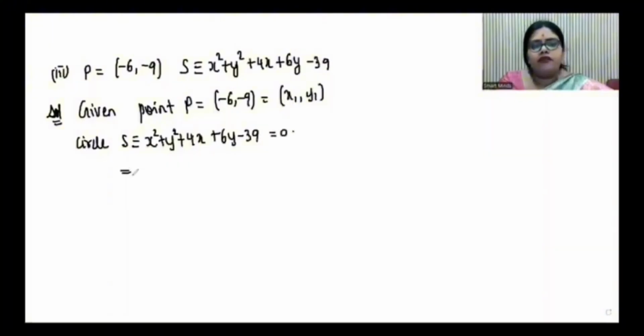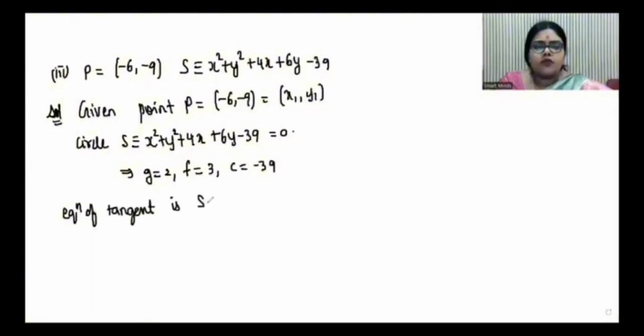Now from here we will find g, f, c. g is half of the coefficient of x, that is 2. f is half of the coefficient of y, that is 3. And c is the constant term, that is -39. Now after finding g, f, c, x1 and y1, we will see how to find the equation of tangent. So the equation of tangent formula is S1 = 0.